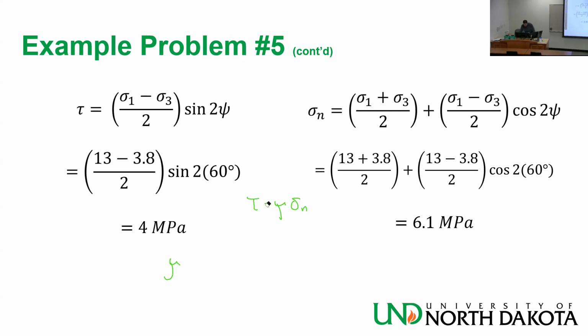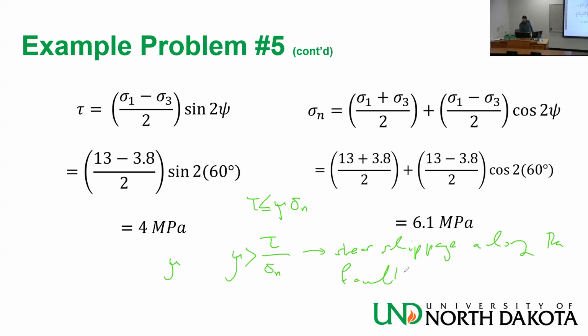For stability, I need this: tau over sigma n equals mu. If my mu is bigger than this ratio, I have shear slippage along the fault. If not, I don't.